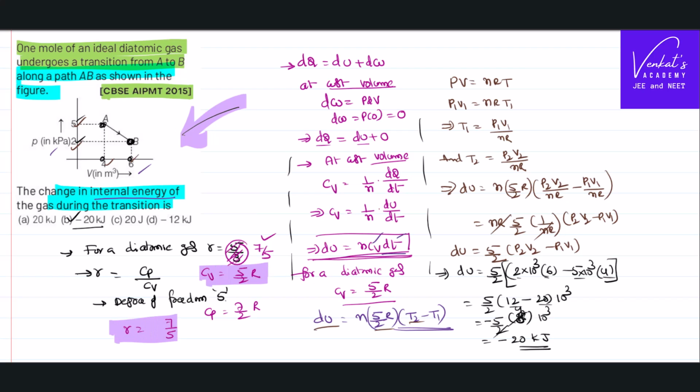Cv is 5 by 2 times of R. Cp is 7 by 2 times R. Therefore, gamma is ratio of Cp by Cv, that is 7 by 5. Further, I have written the very definition of du. It is already known for you, I just derived it. I have just converted temperatures into pressures because the data is given in terms of pressures and volumes. That's how we solve the problem.